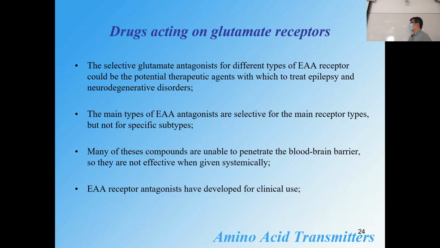So we talked about the glutamatergic system, how glutamate is synthesized, linked to the Krebs cycle and those enzymes. Then we will talk about drugs acting on the glutamate receptors. There are not a lot of very useful ones, but this system has potential therapeutic agents, for example for treating epilepsy and also neurodegenerative disorders.